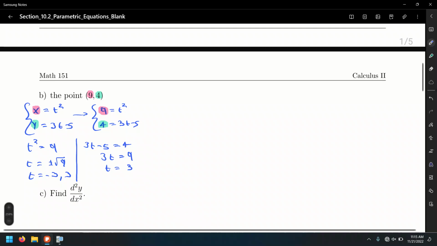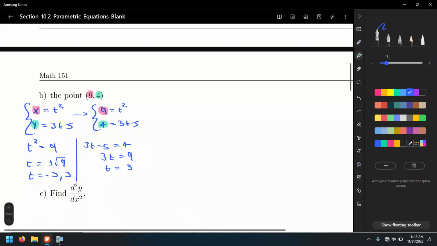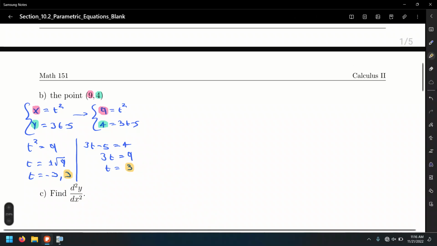So which value are we going to take? The value that we will take is the one that is common to both. A quicker way to do this is just solve for t on the easiest of the equations. In this case, the second equation, because it's linear. It gives us one single value as opposed to also solving the quadratic equation.